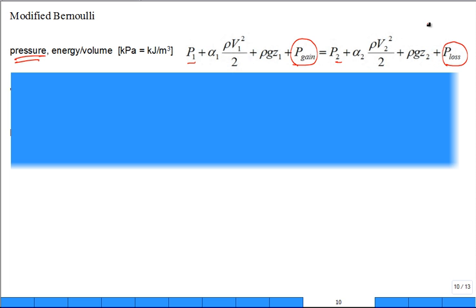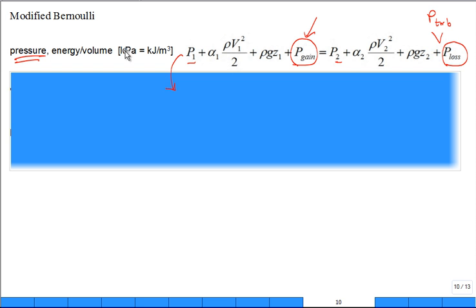But if you did have a turbine, it would be the pressure loss or energy per unit volume extracted by the turbine. I just said, okay, I'm going to be able to put a negative gain if I have a turbine. True.